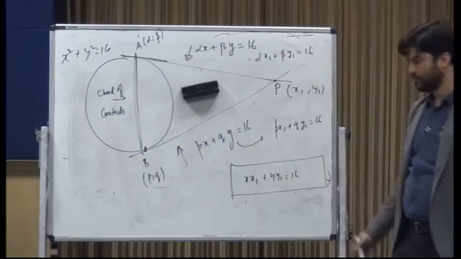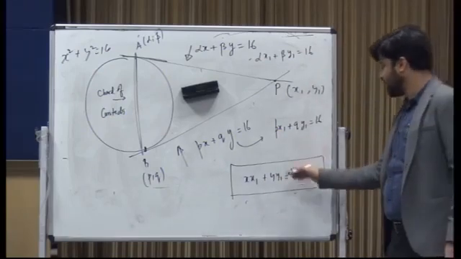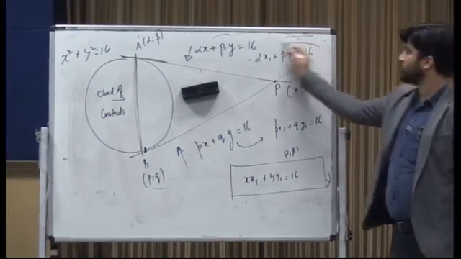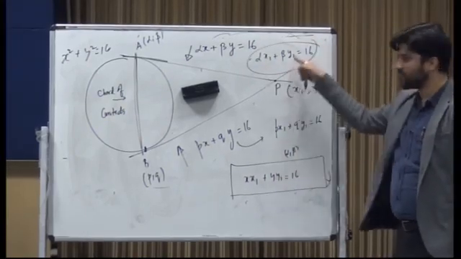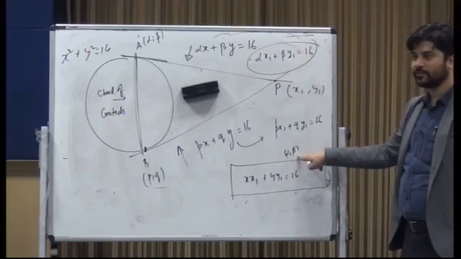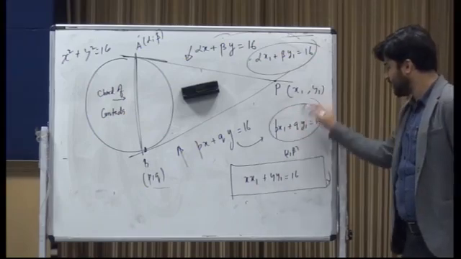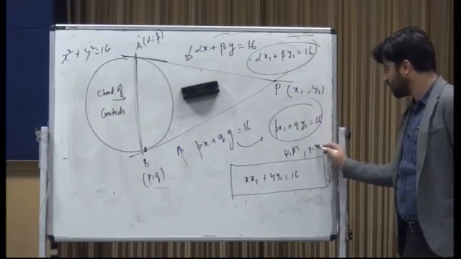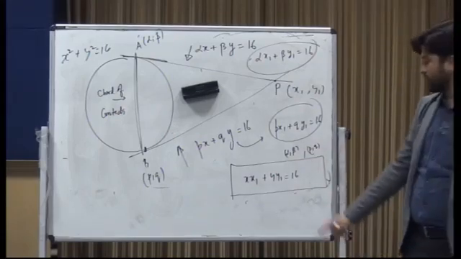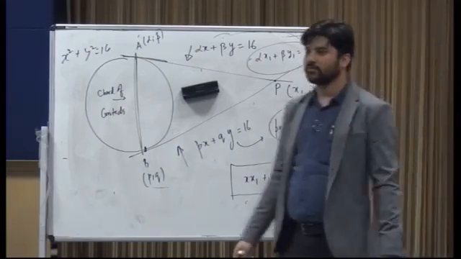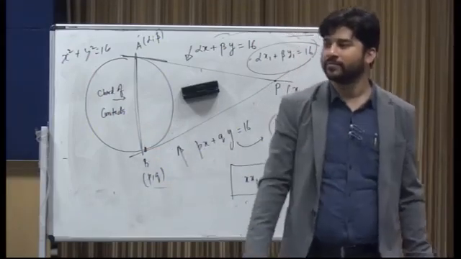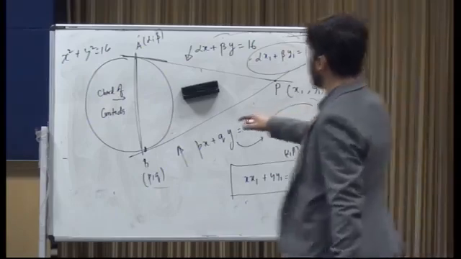Can I say x1 x plus y1 y is equal to 16? If this is the equation, can I say alpha comma beta satisfies this equation? If you replace, you are satisfying it. So can I say this line contains alpha beta? And by looking at it, can I say this line also contains pq? Now this is a line which is containing alpha beta and pq. So whose equation is this? Line containing AB. So can I say the chord of contact equation will be this?